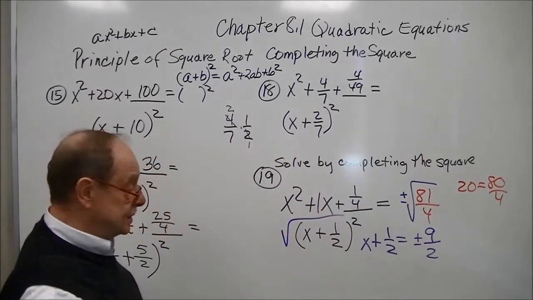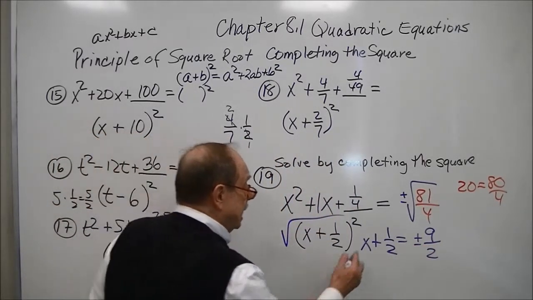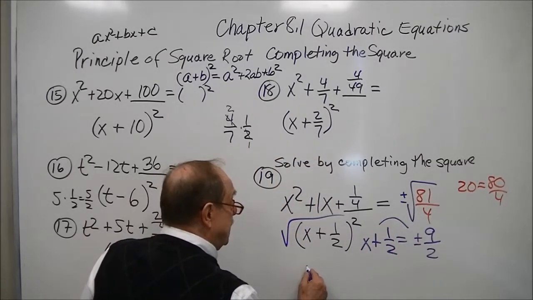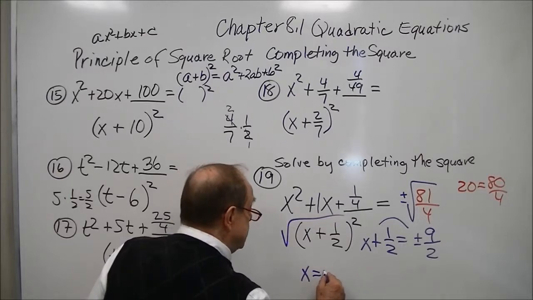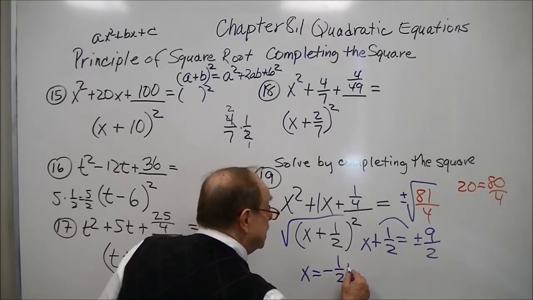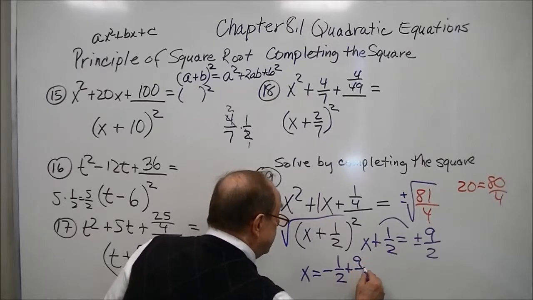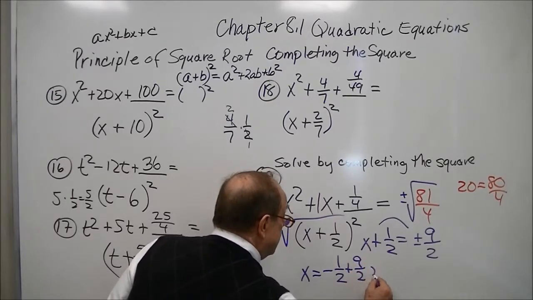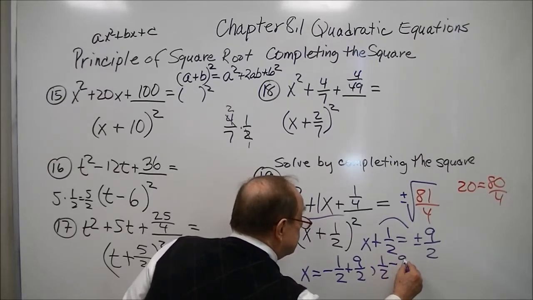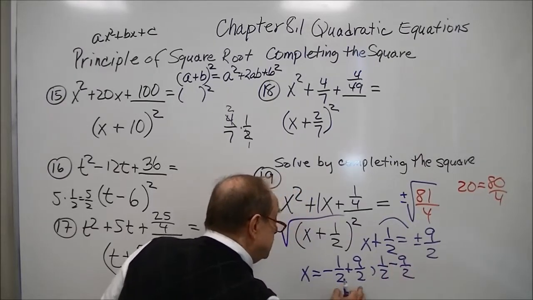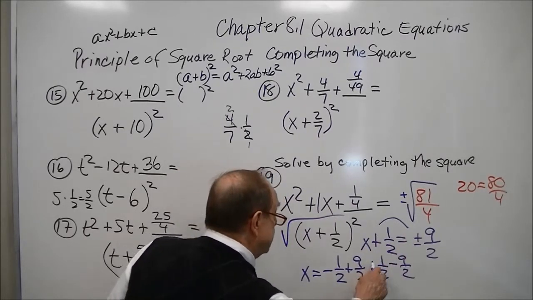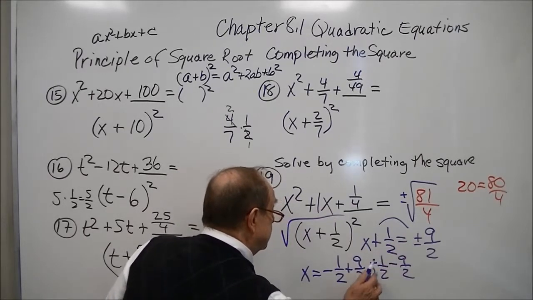And maybe you can see what's coming here. I'm going to transpose the 1/2 over, so I get now x equals negative 1/2 plus 9/2, comma, and negative 1/2 minus 9/2. I've written them twice, and that's a negative there as well.